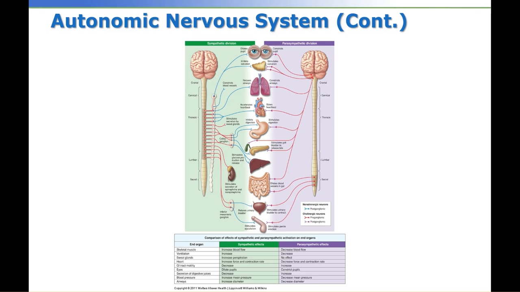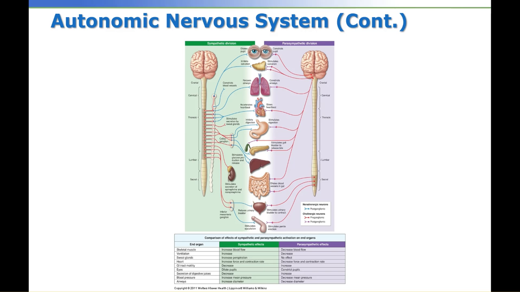So if you have comparisons here, you have effects of sympathetic and parasympathetic activation on organs. You have the end organ, skeletal muscle. What do sympathetic effects do? Increases blood flow. Parasympathetic decreases blood flow. Ventilation: sympathetic effects increase ventilation, and a decrease happens with the parasympathetic effects.